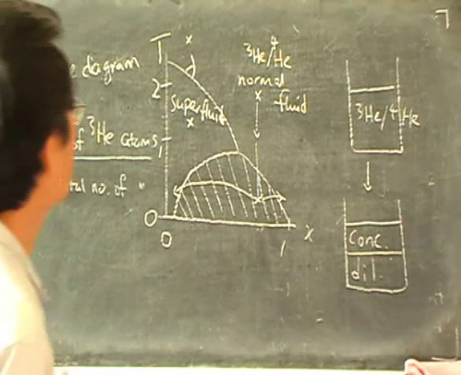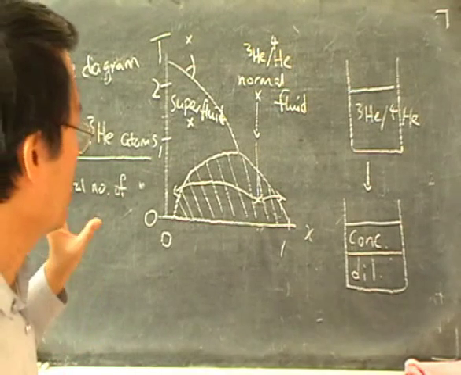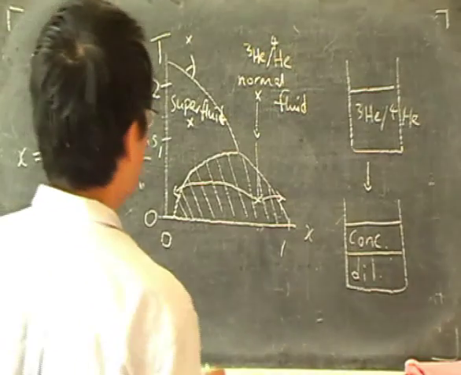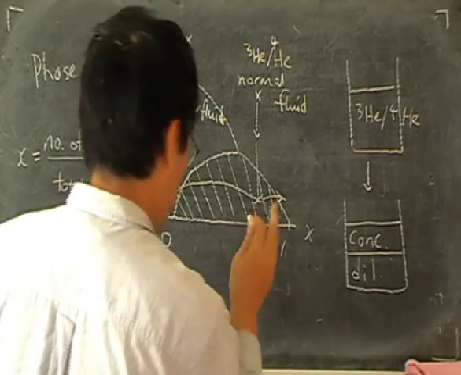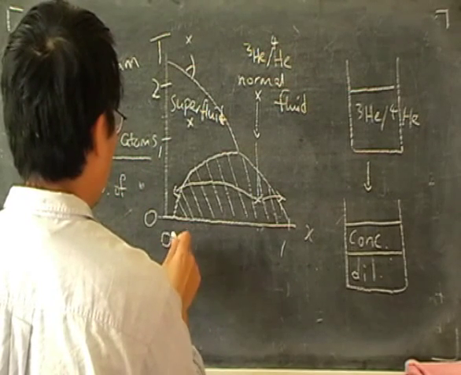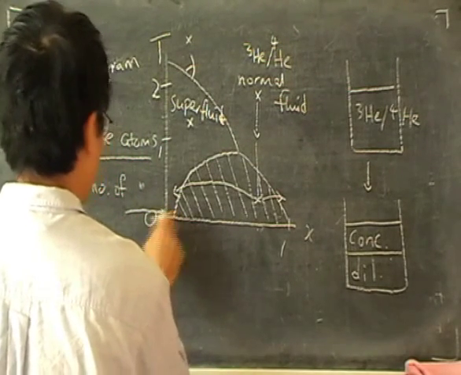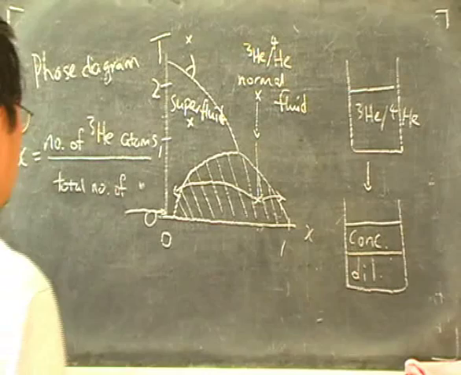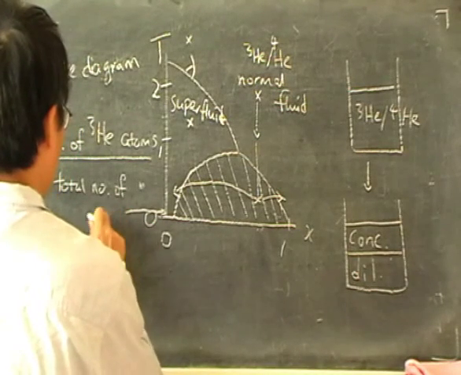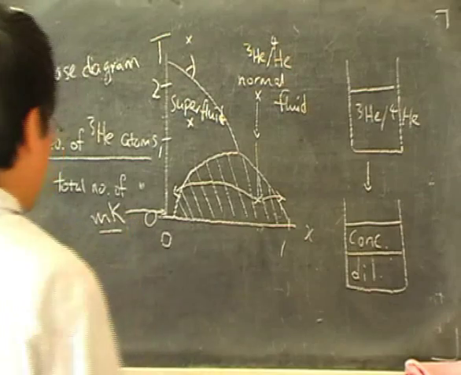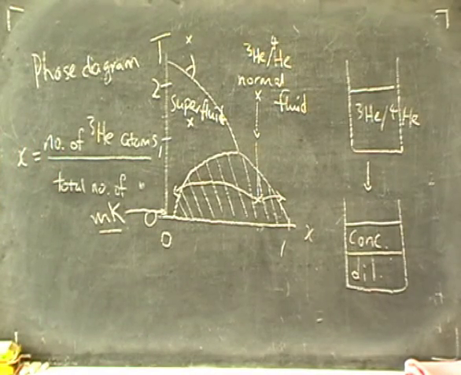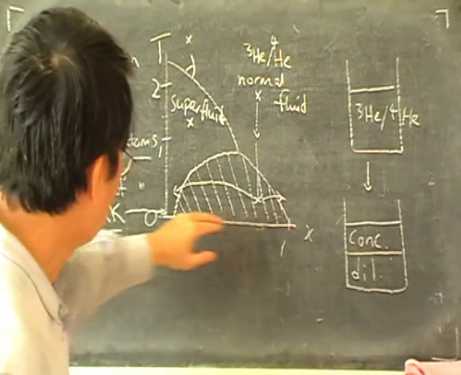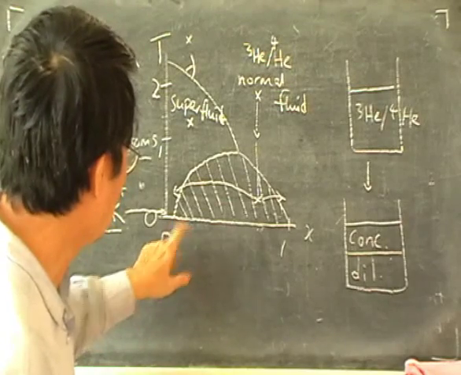Now for the purpose of this cooling method, we are interested in a temperature which is quite small, quite close to zero on that scale, and that's a temperature that is of the order of millikelvins. Okay. Now at such a low temperature, we would be working quite close to the x-axis here, quite close to the bottom of the curve.